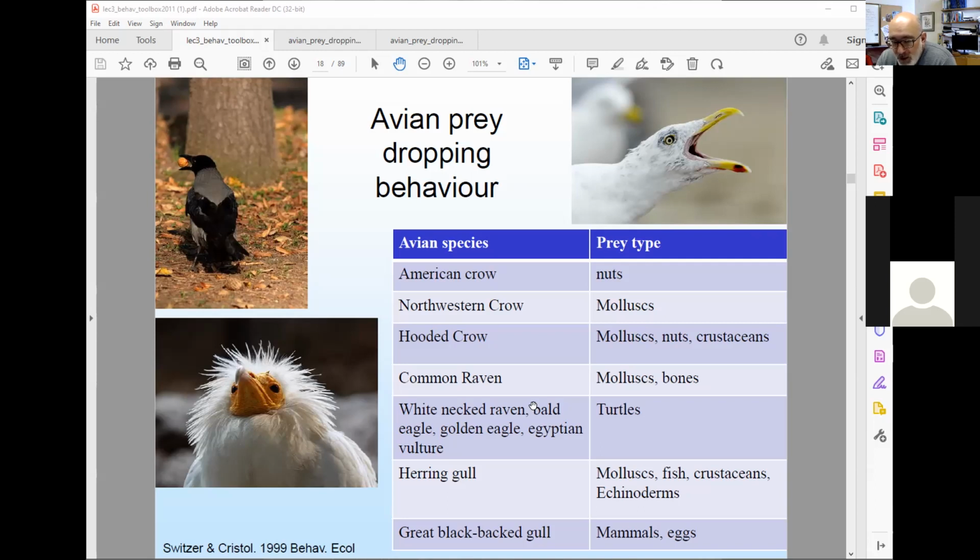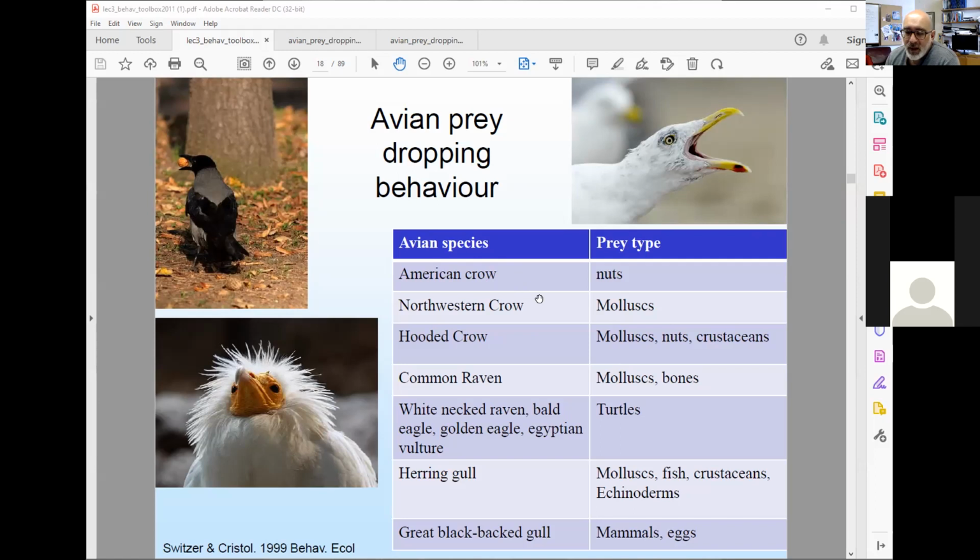Birds lack hands, they lack opposable thumbs, and they're not able to normally crush these kind of hard food items themselves. And so they have to employ what's called prey dropping behavior. That is, they fly up into the sky and drop whatever it is that they're trying to break, and then fly down, and if it's not cracked, they'll do it again until it opens.